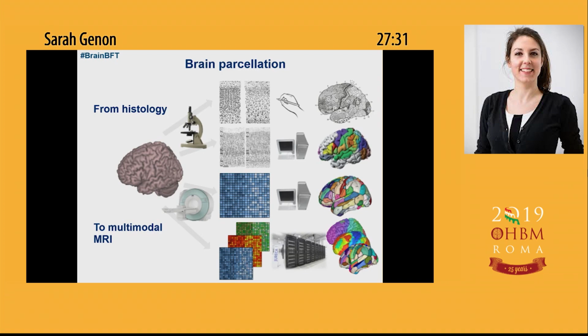So basically we compute connectivity information from the voxels and the vertices, and we use automated methods to define patterns and build maps.